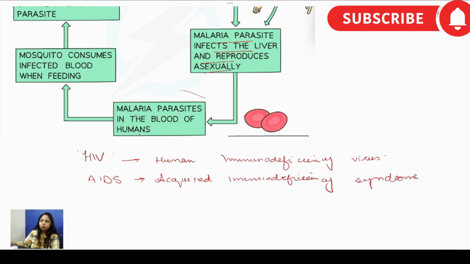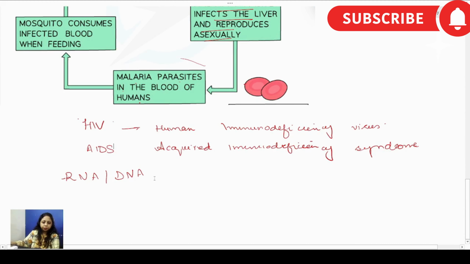It has RNA or DNA, and the protein coat. So there are two main structures. We are going to include these two.